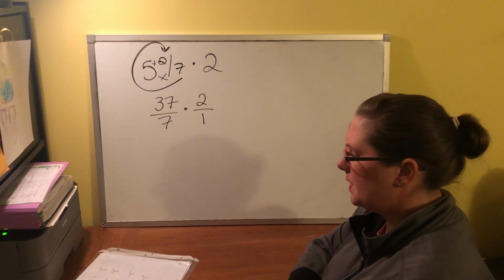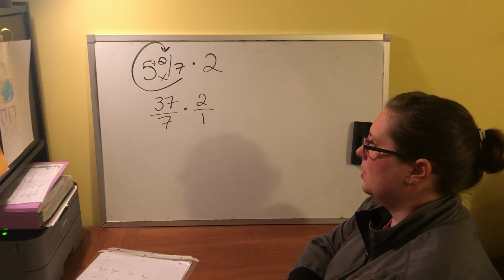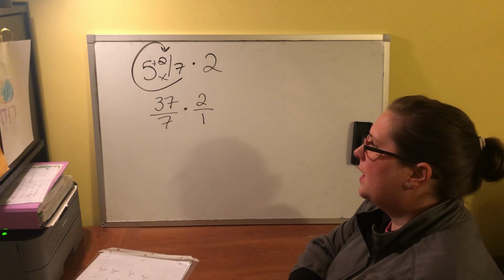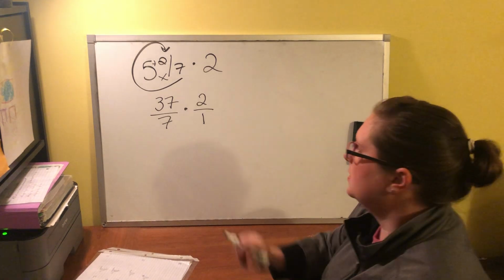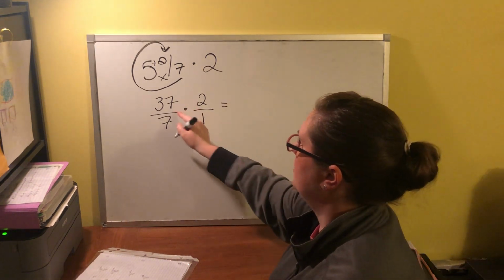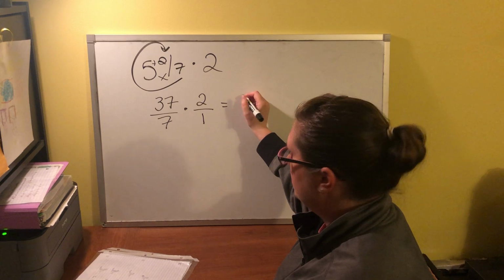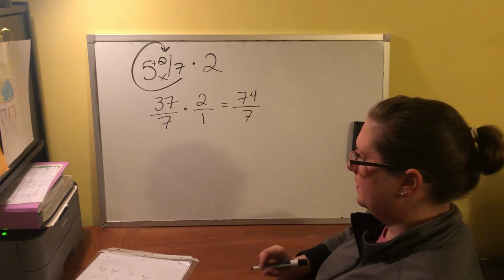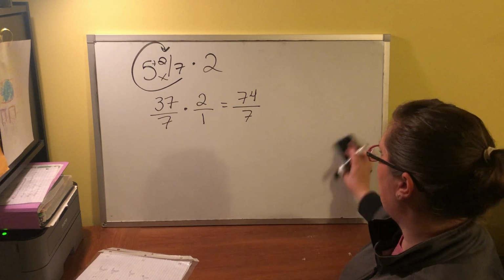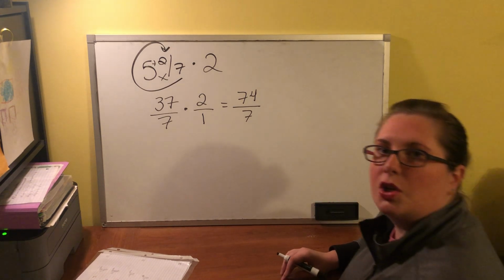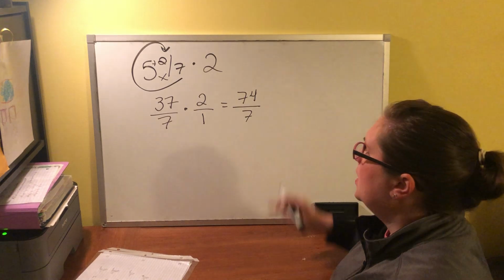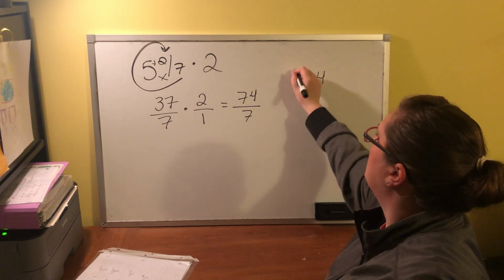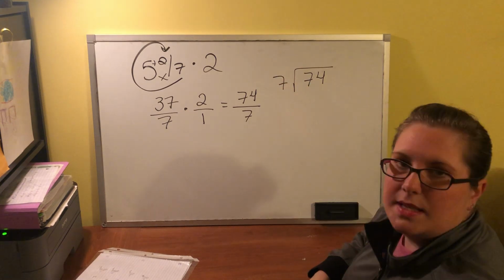Okay? All right, and from here, you're going to look diagonally and see if there's any common factors to simplify. In this problem, there are not, so we're going to multiply straight across. So 37 times 2 gives us 74 over 7 times 1 is 7. That's an improper fraction. So if they want it turned into a mixed number, divide exactly how it's given. So then you would do 74 divided by 7.